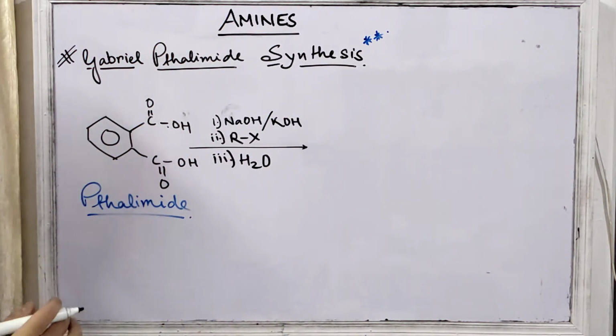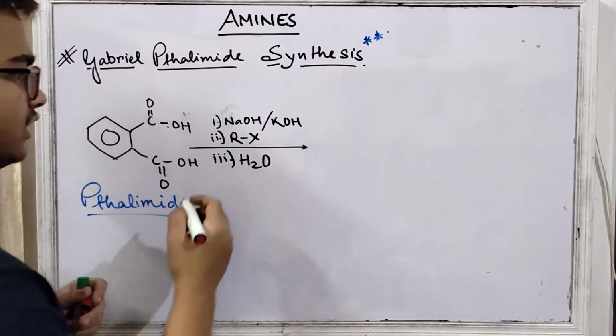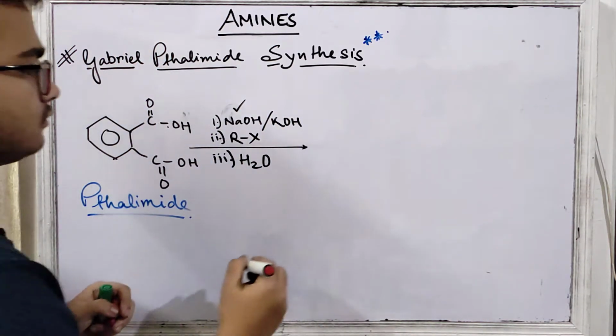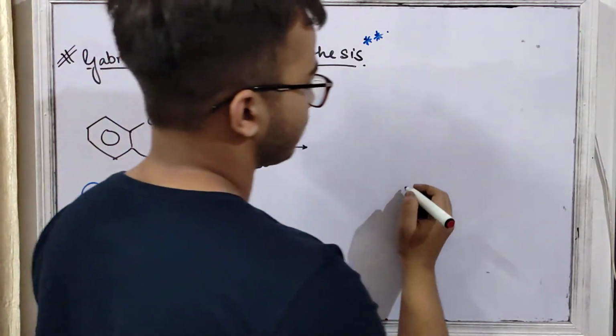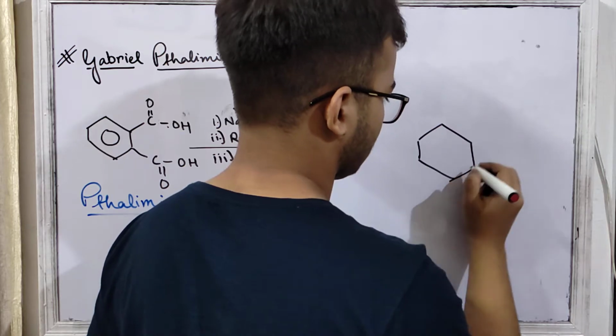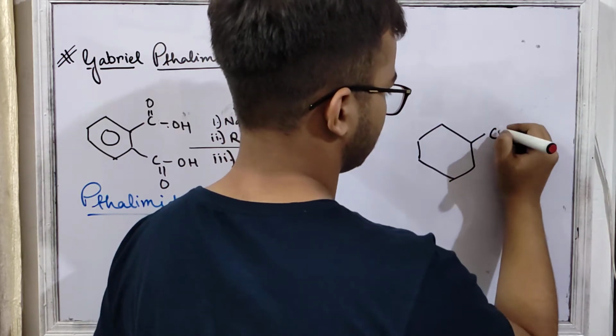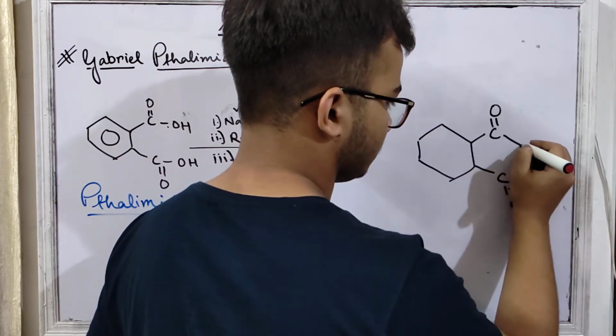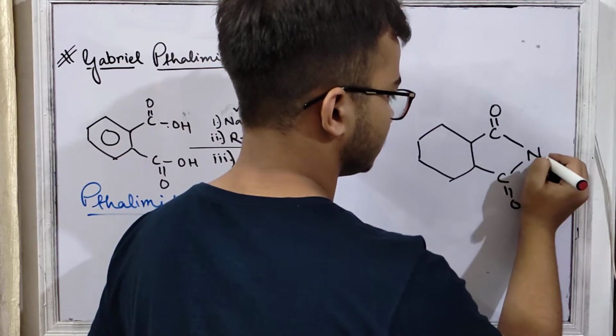Now, from this, the result which you are going to get, I am taking NaOH, let me assume for this reaction. So, what happens is, we are going to get this thing. This one C double bond O, this one C double bond O, and this entire thing will join with the Na.